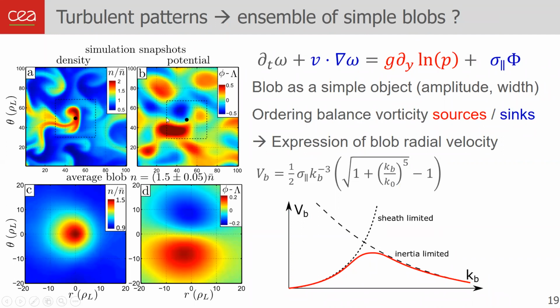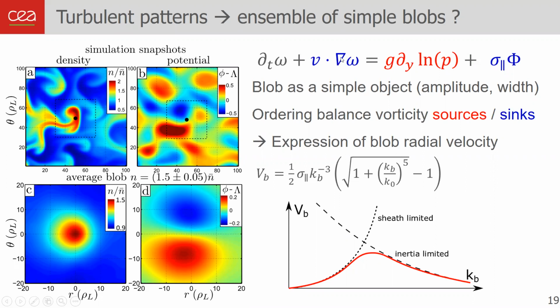But still, what we would like to do is to see if we can derive simple ruling laws for these blobs. Quite early, people found that, yes, maybe from this vorticity equation, we can simply order the different terms as sources and sinks. The source would be the vorticity source from curvature, and the sinks would be the parallel dynamics, parallel losses, and what we call inertia.